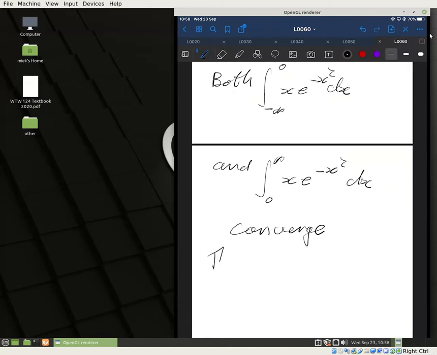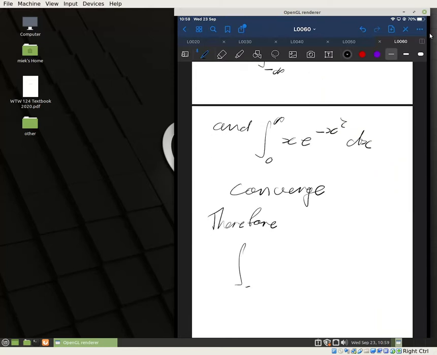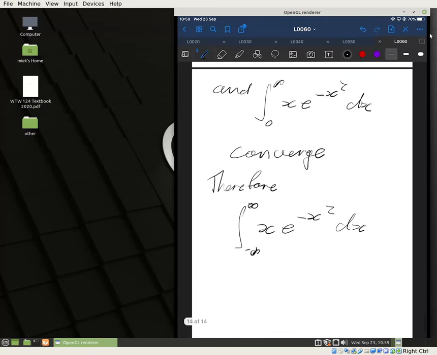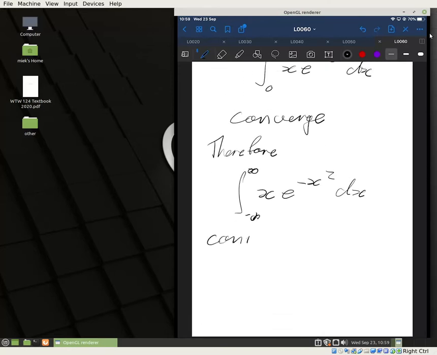And therefore the integral from minus infinity to infinity of x e to the minus x squared dx converges, and its value is plus a half minus a half, which is 0.